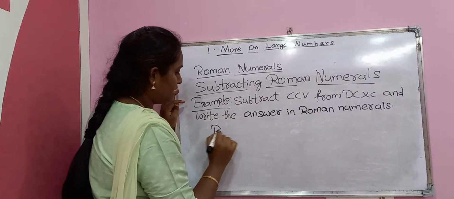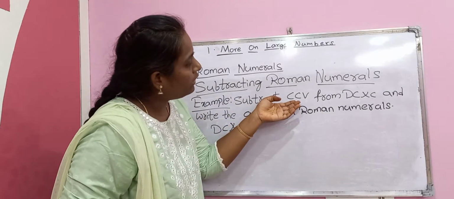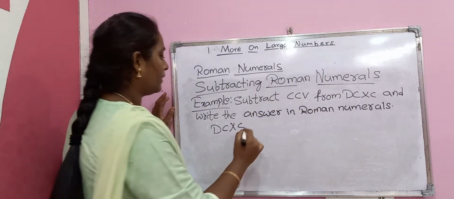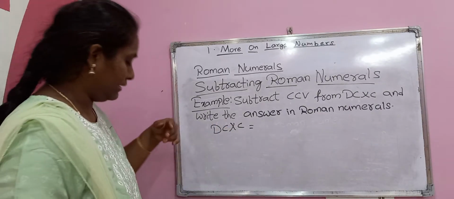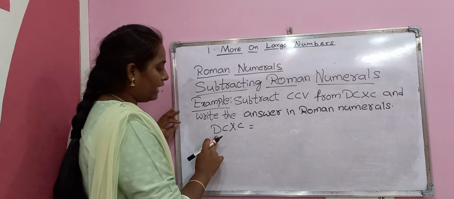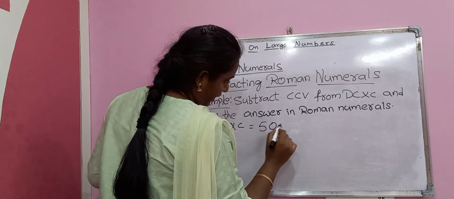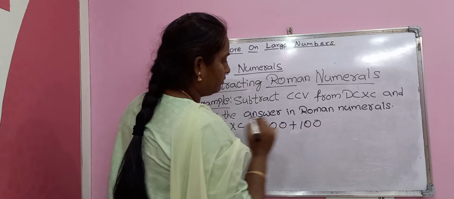First take the DCXC because what they tell, they want subtract from this Roman numeral into this one. Okay, now DCXC. What is the D value? D value is 500 and what is the C value? 100.